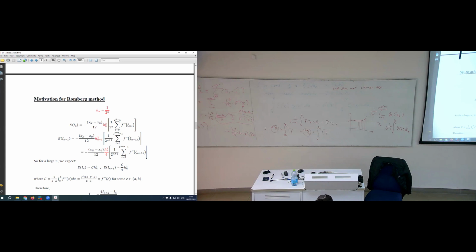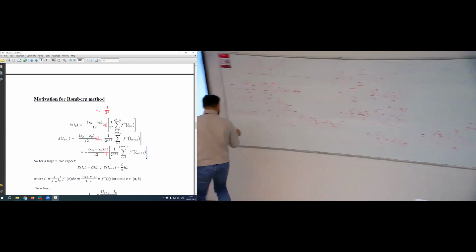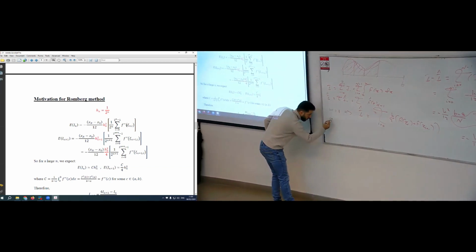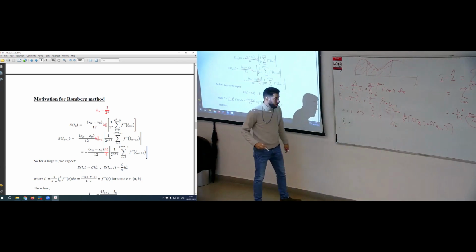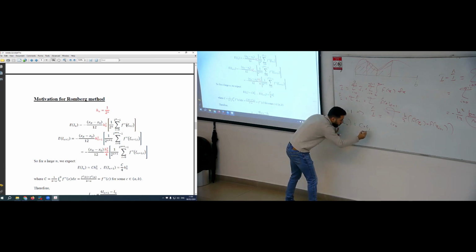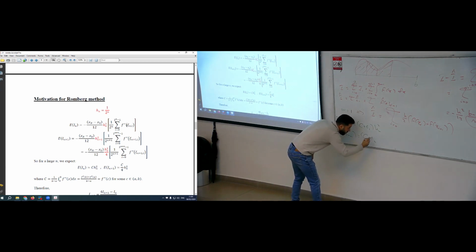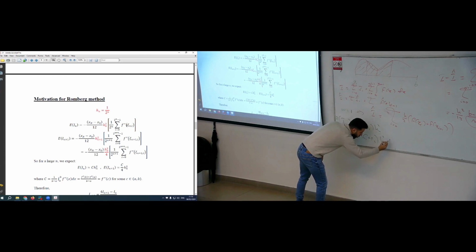But multiplied by Hn squared. So I have an evaluation for the integral which has an error of C plus epsilon 1 times Hn squared, and another way, which is C plus epsilon 2 times Hn squared over 4.